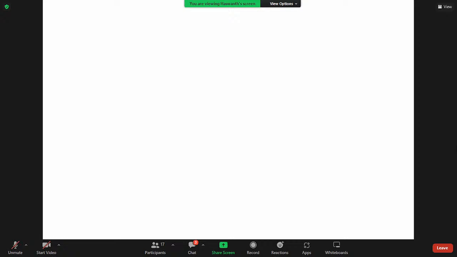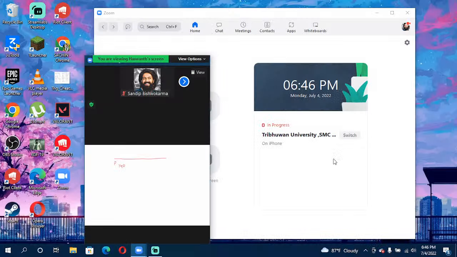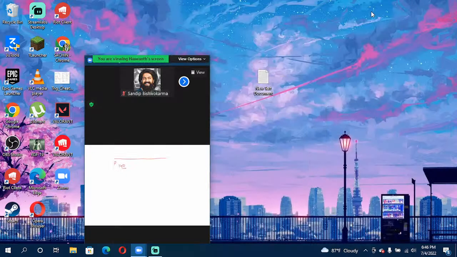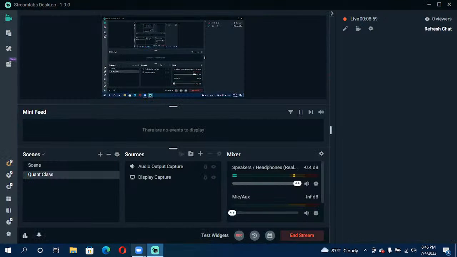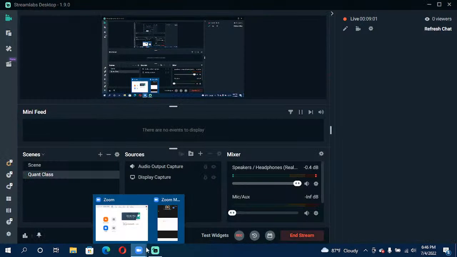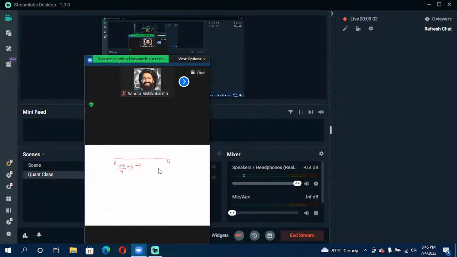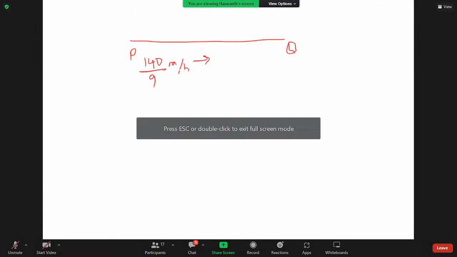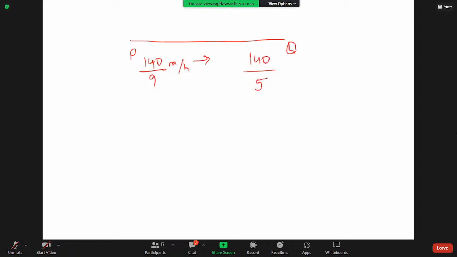If you need speed, speed is distance by time. So speed of P, distance 140 miles traveled by time it is taking 9 hours, 140 by 9 miles per hour. Similarly for bus Q, distance 140 by time 5. So these are the speeds of those buses.